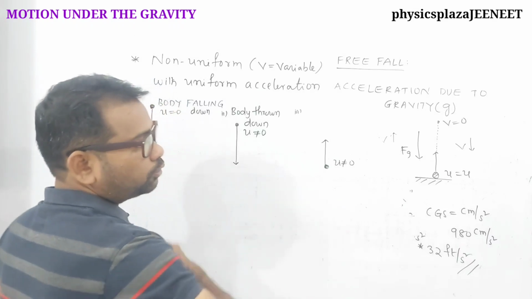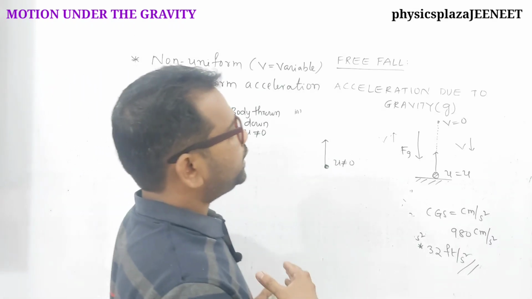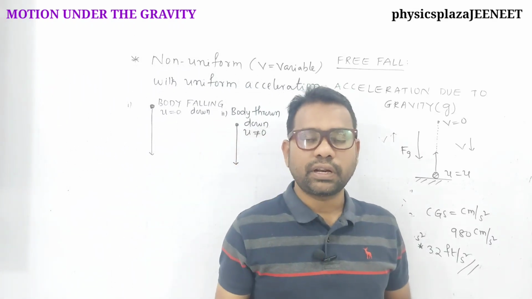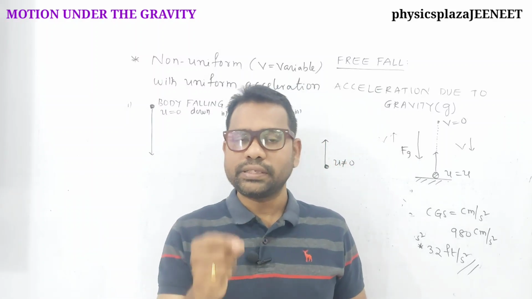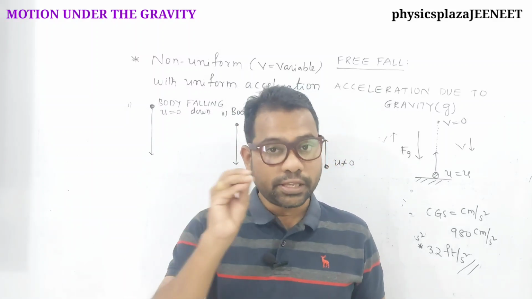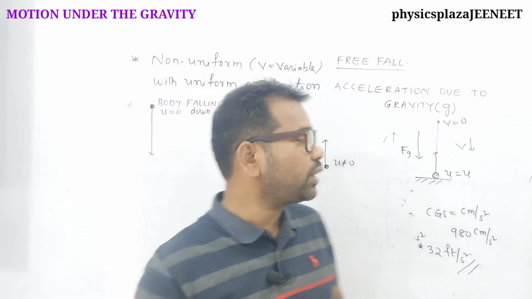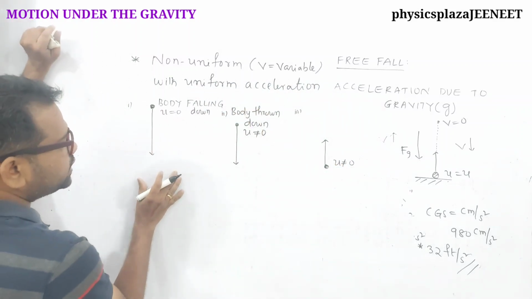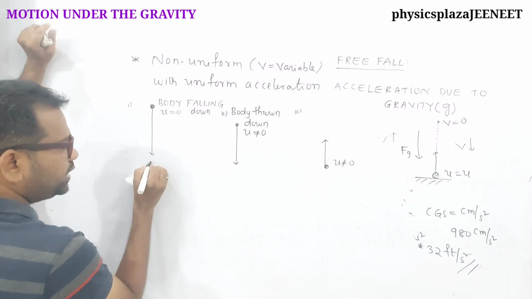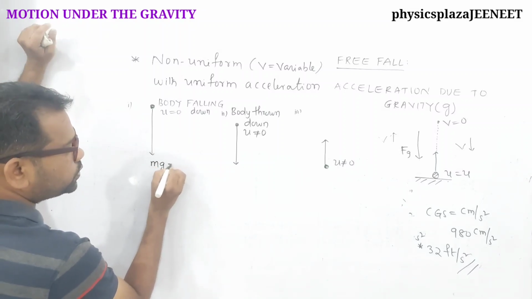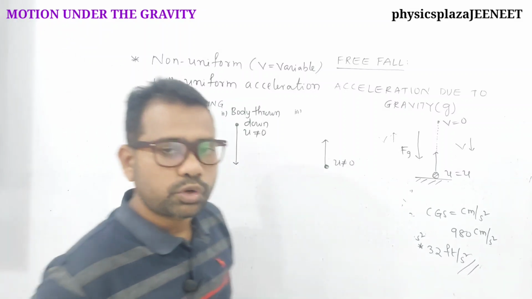And here one more doubt many students will have. Whenever the bodies are moving under the action of gravity, why is acceleration taken as acceleration due to gravity? Because a is equal to g we will take. a is equal to g. For that reason. Look at it, children. In the first case, at any instant, body weight mg, that is the force according to Newton's second law of motion, okay?